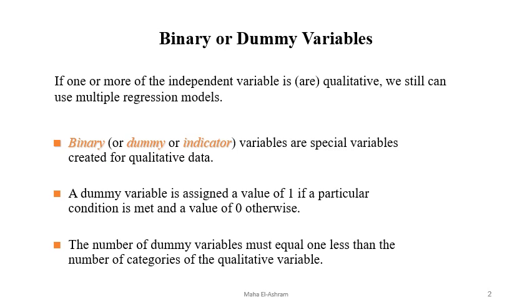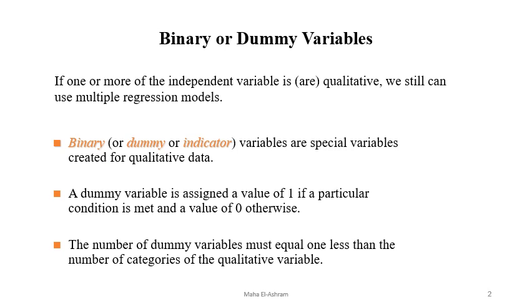Usually in regression analysis, we know that all variables should be quantitative, the independent variable and the dependent variable. And we saw in multiple regression that I can have more than one independent variable, and they will be related or they have an effect on the dependent one.